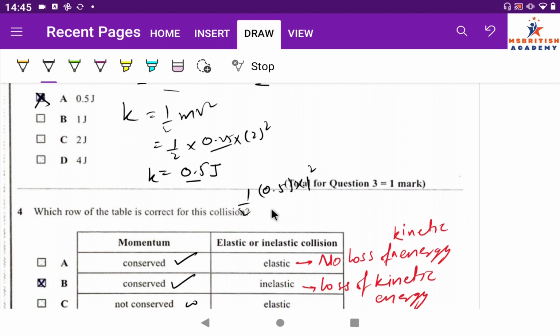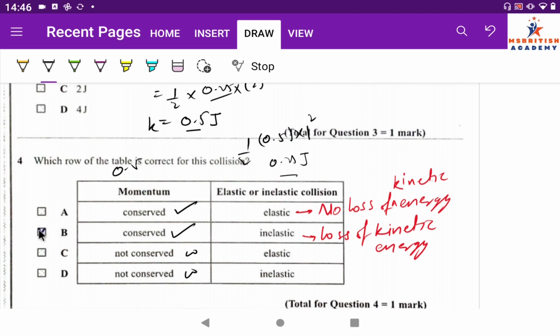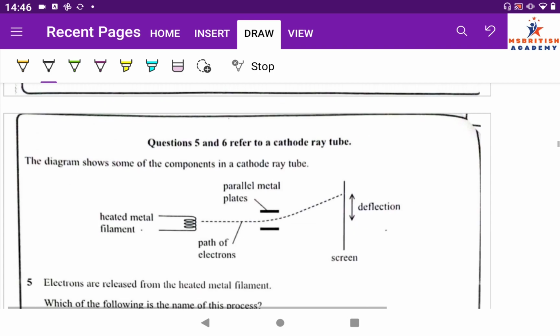So this will be 0.25 joules. The final kinetic energy is 0.25 joules. So there is a loss of kinetic energy of 0.25. Therefore this is an inelastic collision and momentum is conserved. So the answer to question 4 is B. Now the fifth question.